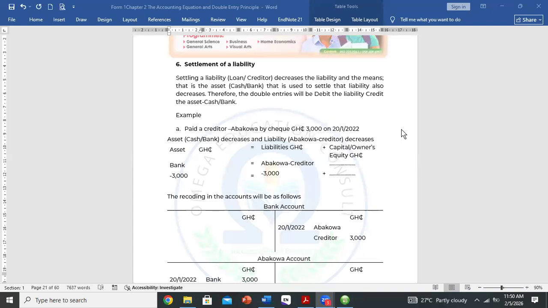Example A. Paid a creditor, Abakwa, by check, 3,000 Ghana cedis on 20th January 2022.